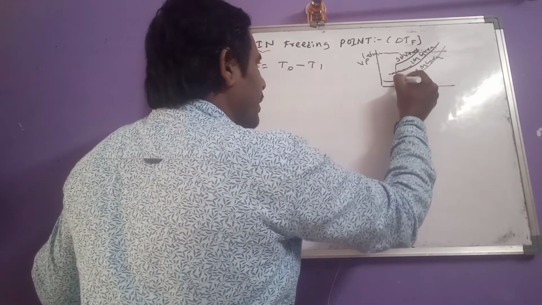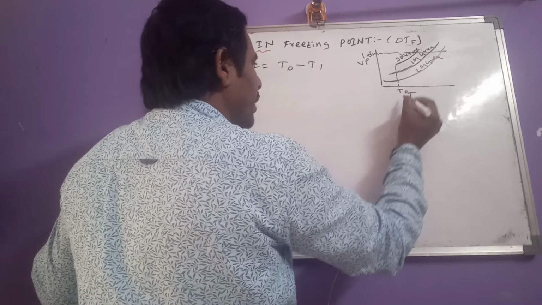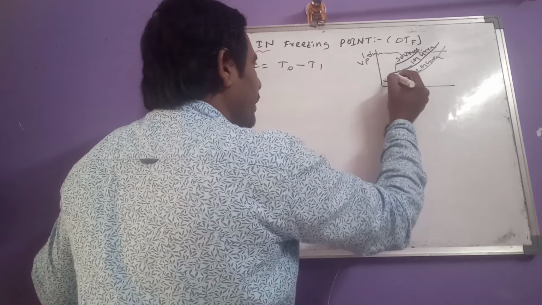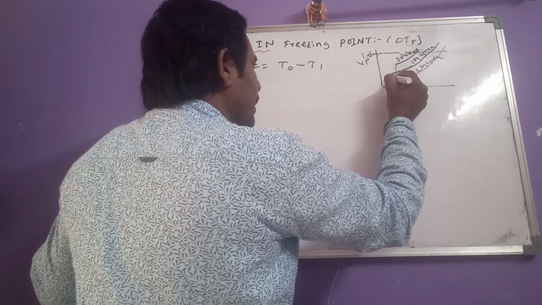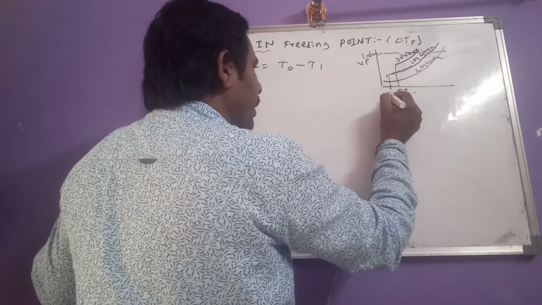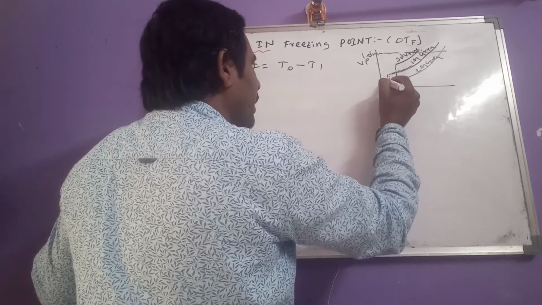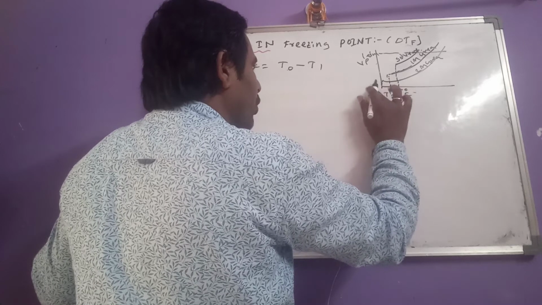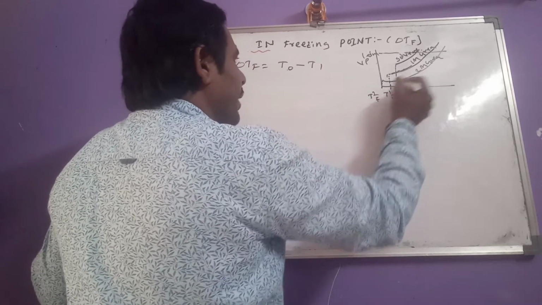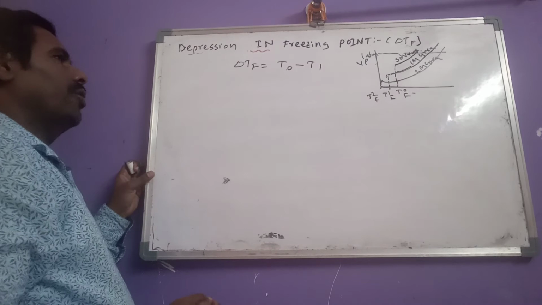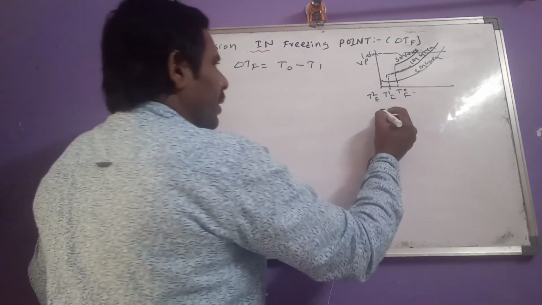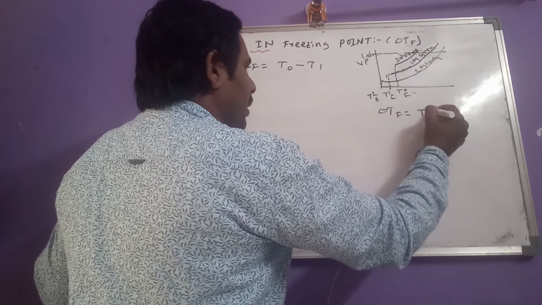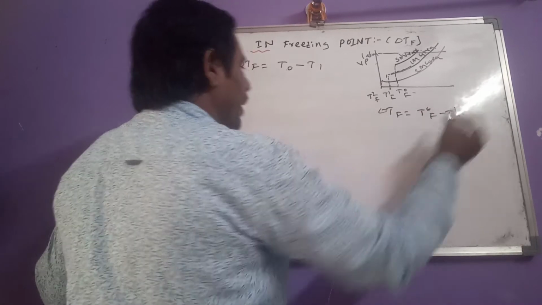Here this is the freezing point of solvent T naught F, this is the freezing point of 1m urea solution T1F, and this is T2F, the freezing point of 2m urea solution. So now delta TF equals T naught F minus T1F.